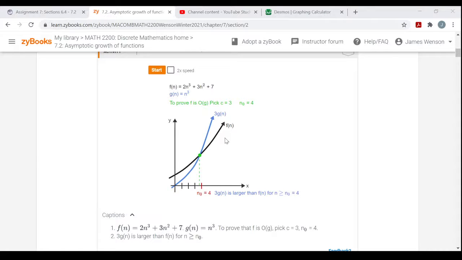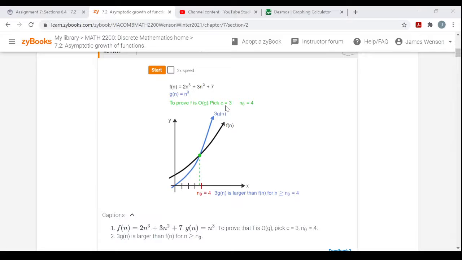Now, for polynomials, it's pretty simple. 2n cubed is the lead term of f. So basically any multiple of n cubed that's greater than 2 will eventually be larger. That's why they're doing 3 here.